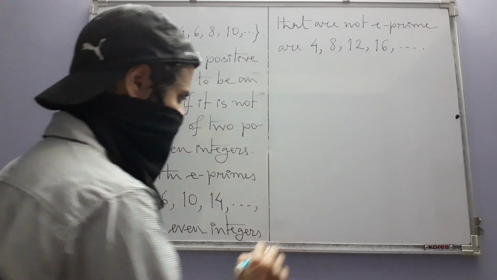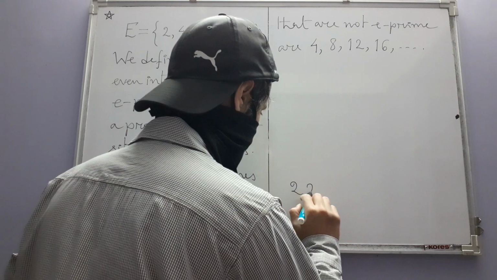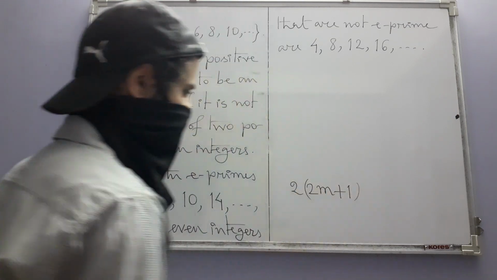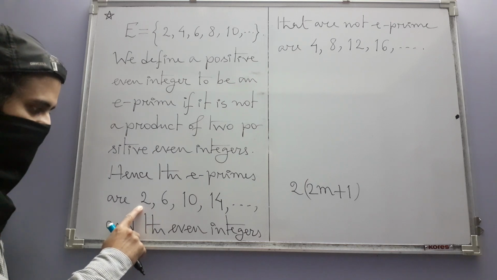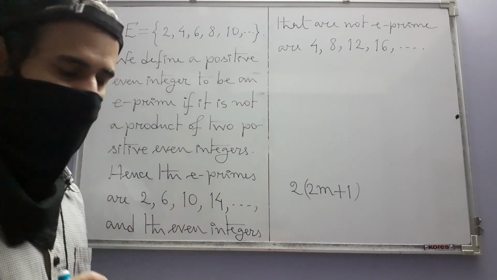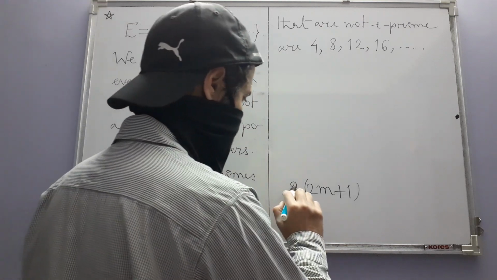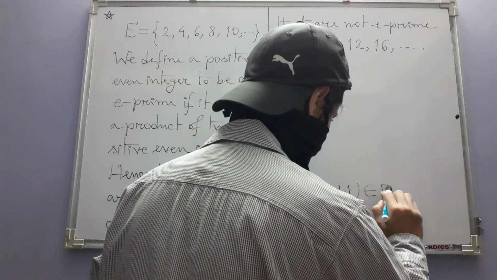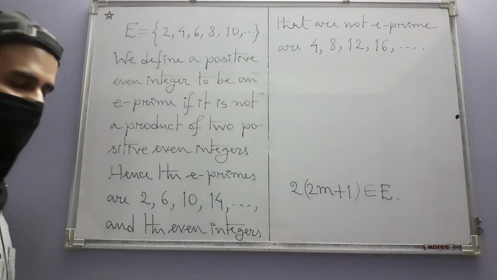We have considered the odd multiples of 2. 2 times 1, 2 times 3, 2 times 5, 2 times 7, and so on. So that being even numbers and positive, these belong to the set E. Fine.